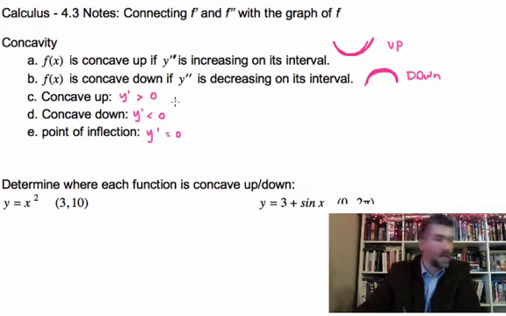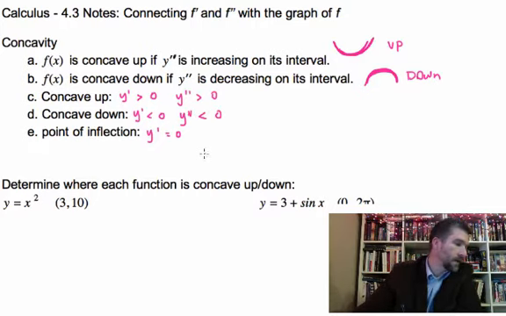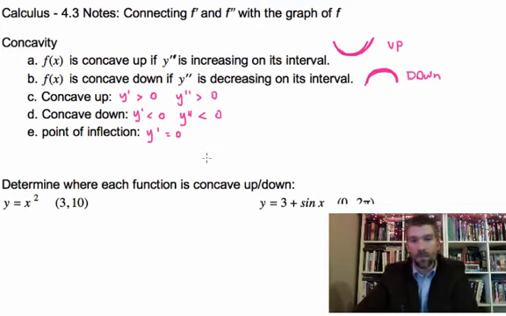You could also say that you're looking for y double prime to be greater than 0 and y double prime to be less than 0. Okay, so pretty cool. And at this point where the derivative equals 0, that's our point of inflection.